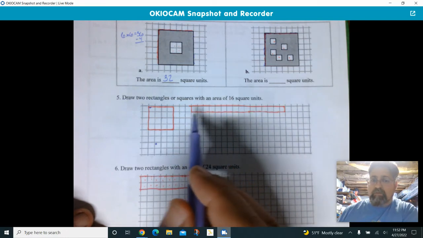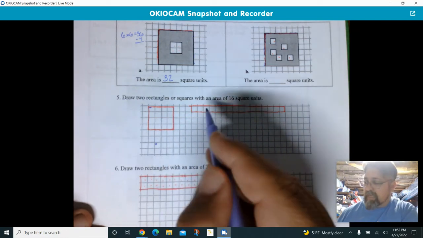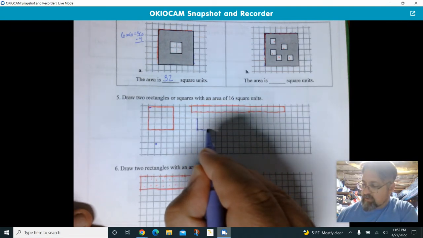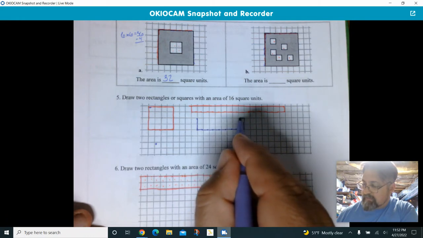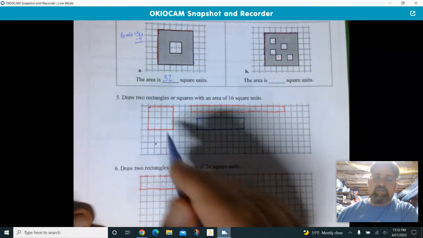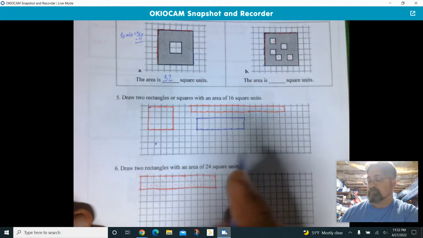So the only other one you could really do to make a square or a rectangle would be 2 times 8. Here's 2 times 1, 2, 3, 4, 5, 6, 7, 8. Those are the only 3 ways you can get a square or rectangle with 16 square units.